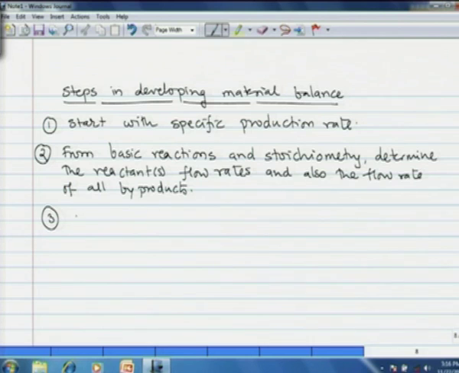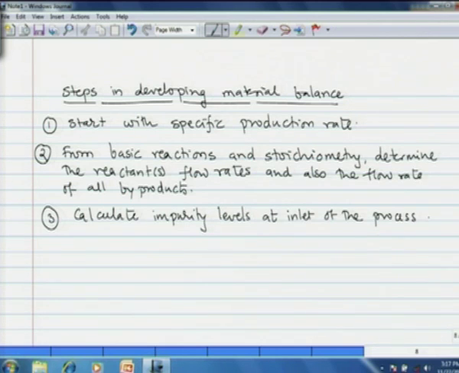Okay. Next is to calculate the impurity inputs or impurity levels at the inlet of the process and also at the reactor outlet, if we recover all reactants and recycle them.